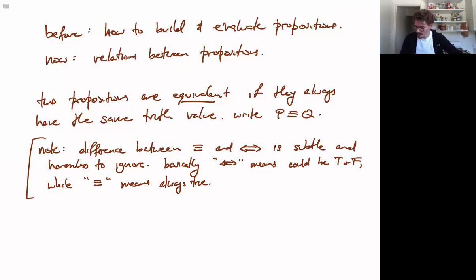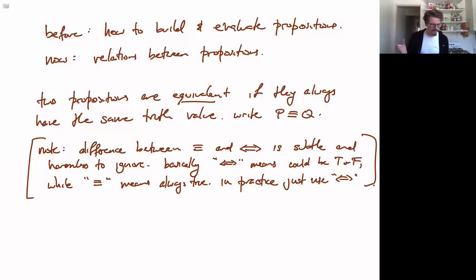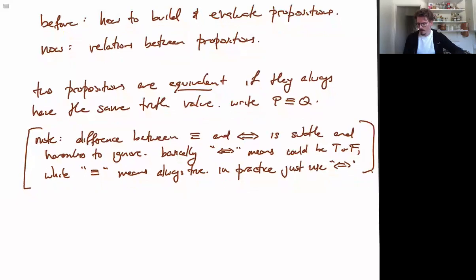But in practice, here's maybe something slightly more confusing. In practice, you pretty much just use this thing. So that is what we will probably end up doing. But for now, I'm going to use this because it's used by the book, and I think it's fine to use it in the context of propositional logic.